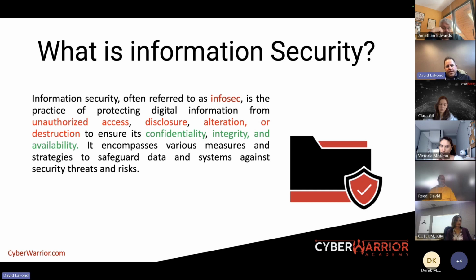So what is information security? It's kind of referred to as a general topic, shortened to InfoSec. It's the practice of protecting these systems, or digital information. In the parking meter example I gave, we're trying to protect the funds that someone would pay for the service or fee they're charged to park in that location, because they've been affected by unauthorized access.